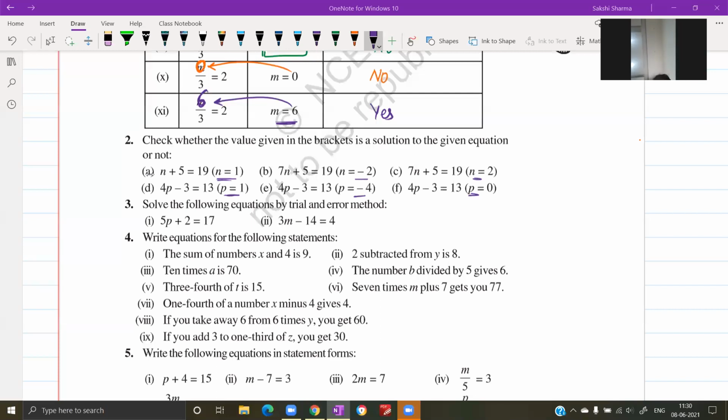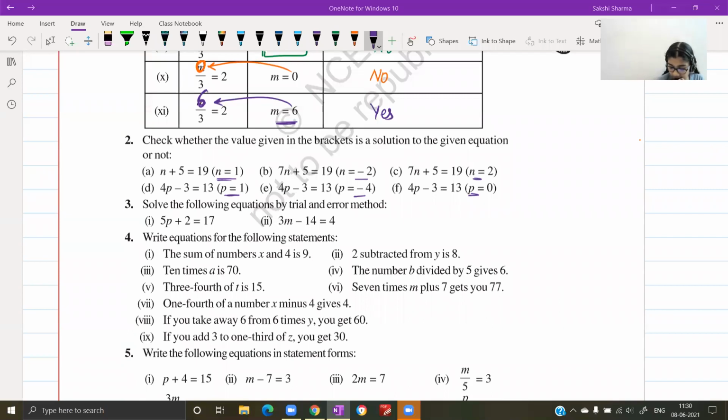Yes, Gursimran? Ma'am, I want to ask that in question number 2, B part, LHS is not equal to RHS. Ma'am, LHS is 9 and RHS is 19. Ma'am, I have done that 7 into minus 2 plus 5.